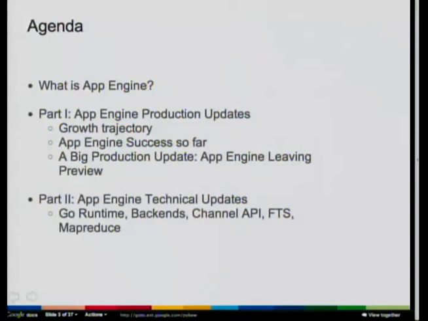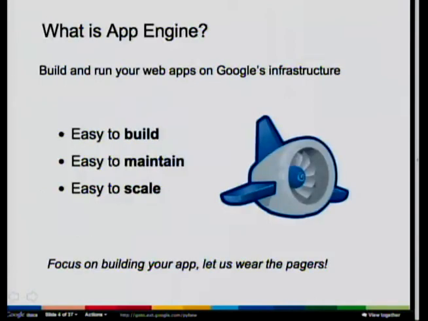So I'll be touching on the various features that you may have heard about, such as the Go runtime, backends, channel API, and so forth. Okay? So first of all, what is App Engine? App Engine is essentially a set of APIs that allow any developer to make use of Google's infrastructure.